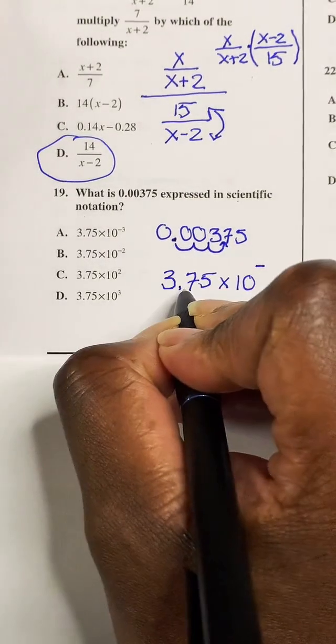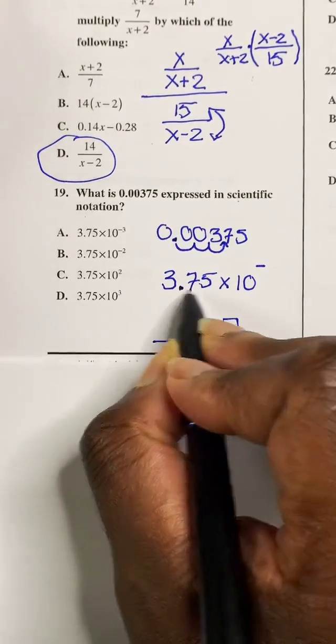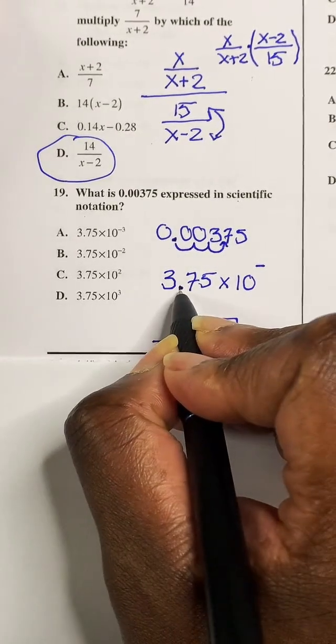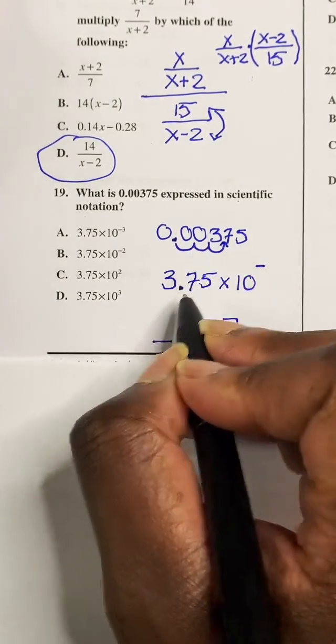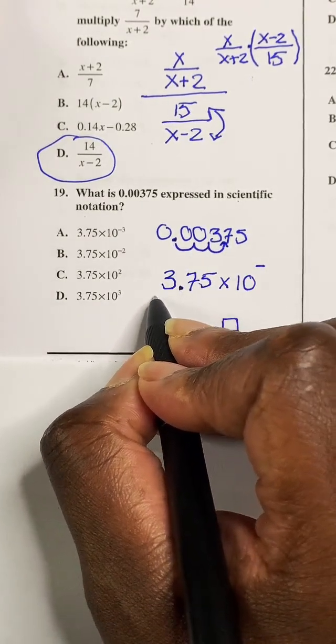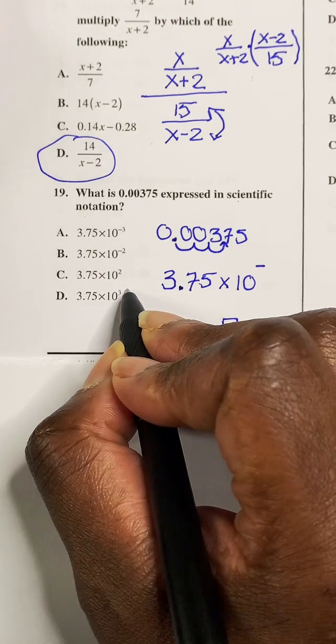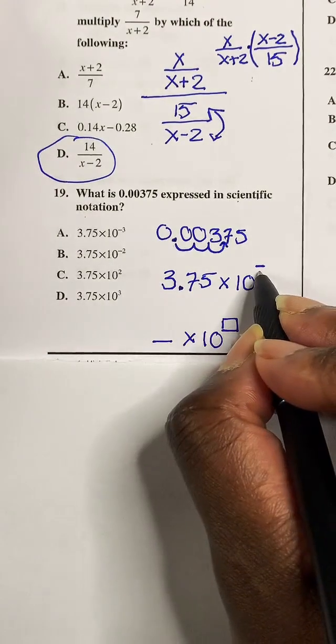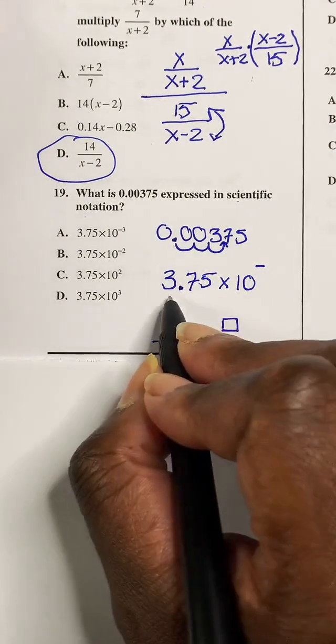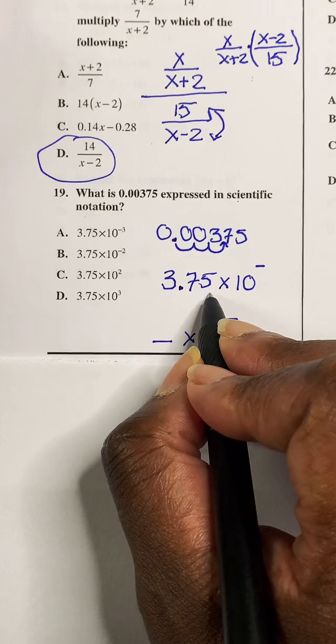Because if it said it was in scientific notation, and I need to change it back to my standard form, I would have to move it to the left. So since I have to go to the left, we're dealing with negatives. That means I'm making this decimal smaller.